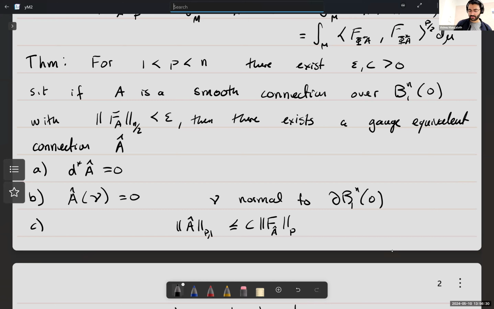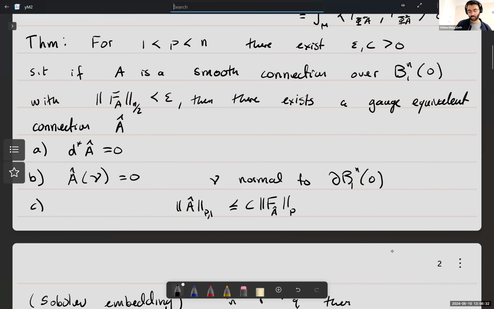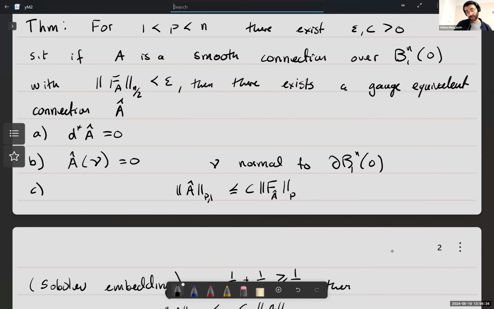I couldn't actually figure out, when I was doing this calculation, where... I didn't look at the original paper too carefully to know exactly why you needed it to be greater than or equal to n/2. But this is in the smooth case, so I think it was probably well known already that if A is smooth you can do this for p greater than 1.